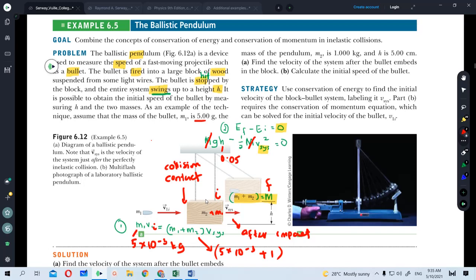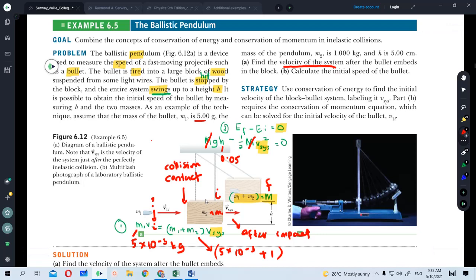Of these two expressions, what to do next is to look at the question. They want the velocity of the system. However, if we look at our first equation, from conservation of momentum, we do not have this value.